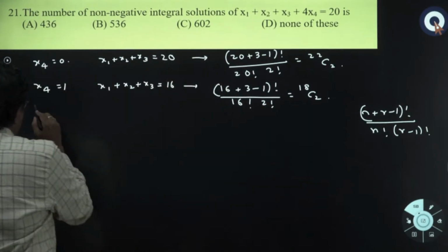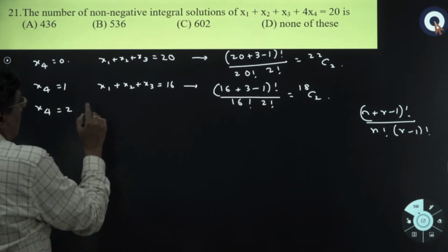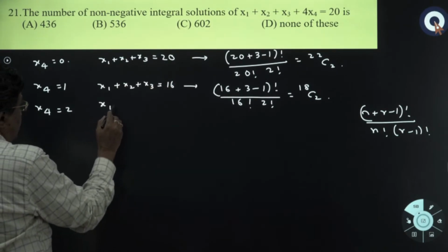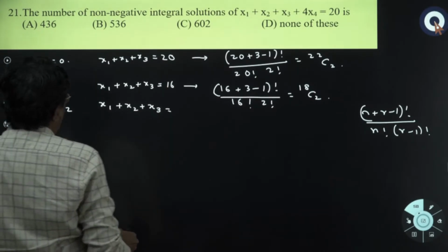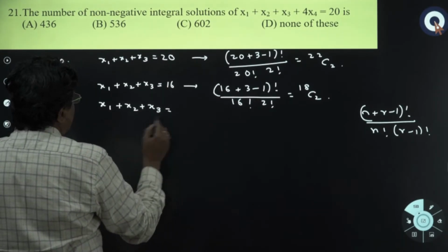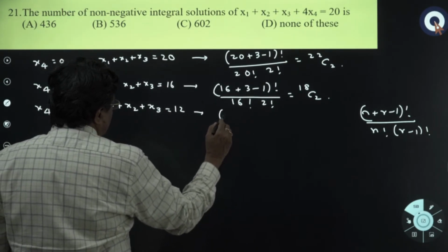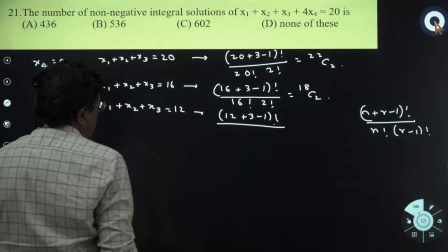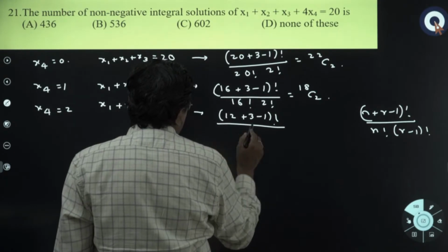And if x4 is equal to 2, that becomes 8, and so x1 plus x2 plus x3 is equal to 20 minus 8, which is 12. So that will be (n plus r minus 1) factorial by n factorial into (r minus 1) factorial. 12 identical apples are to be distributed to 3 people, so that any boy can receive any number of apples.